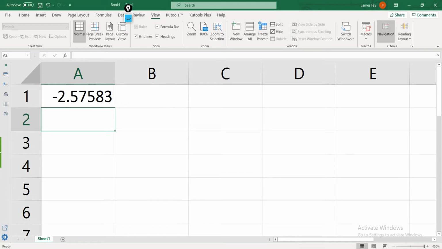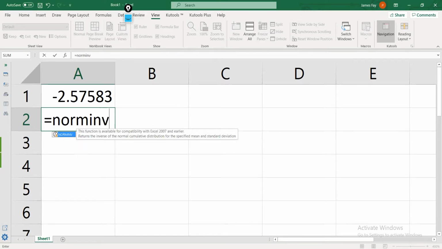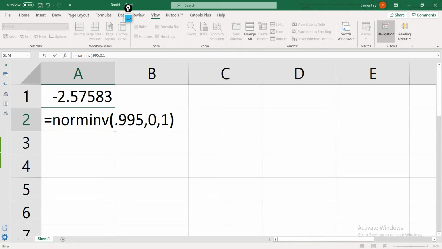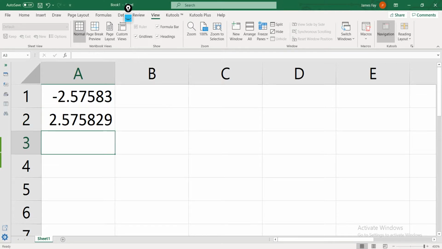Okay. If I go norm inv and say, I want the z sub alpha over 2 that's to the right of the mean, the right tail as we refer to it, I'm going to be looking for a probability of 0.995. Okay. 0, 1, and we see the 2.578, or 5758.